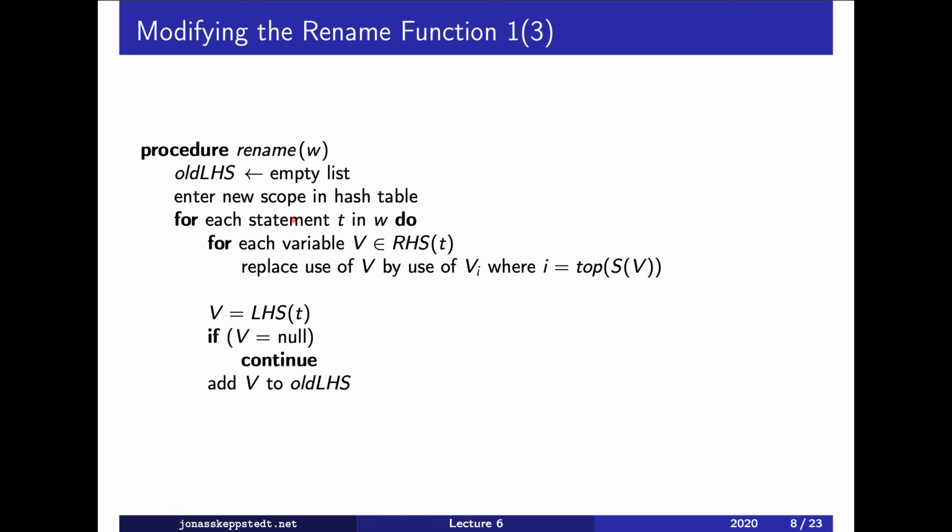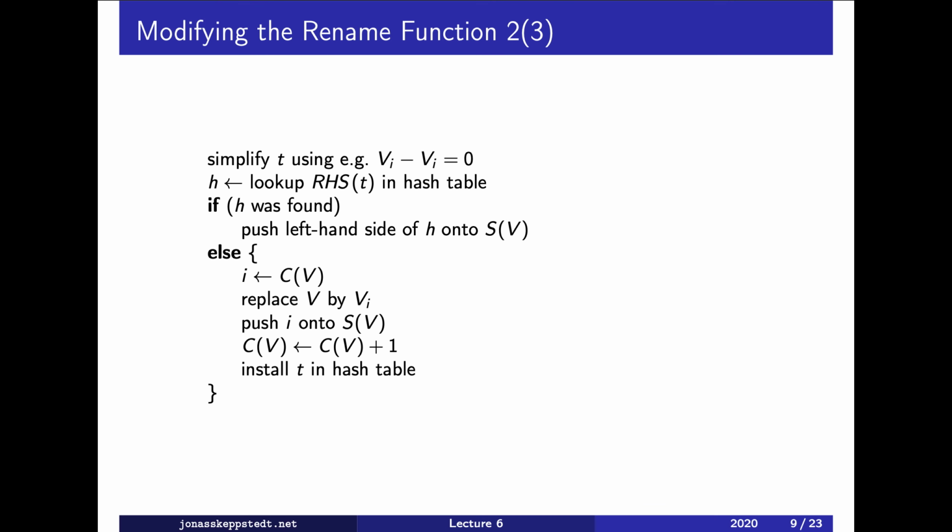And well, then we rename the expression as usual. And we also add the left-hand side of the instruction to this list that should be popped later when we leave the vertex. Then we can simplify this expression, if we can simplify it somehow, possibly.